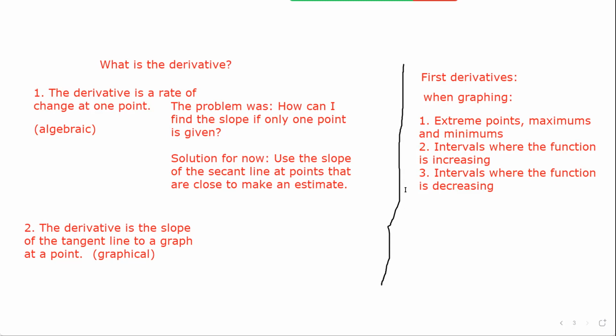So there are lots of field-specific applications. But right now, I think you're focusing on these three: extreme points, increasing, decreasing. I don't know that she's taught you all of that, but that's typically where we're driving the bus.